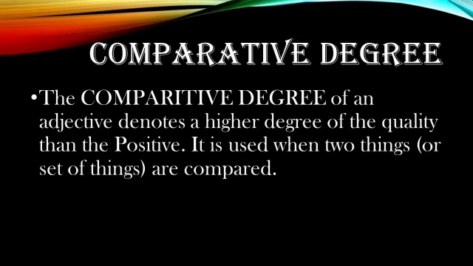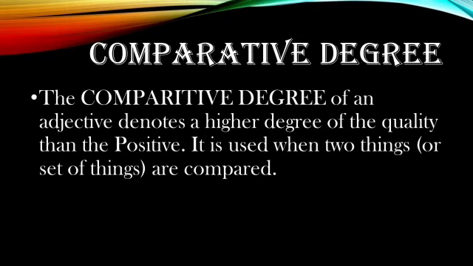We can hear one more example, like the earth is larger than the moon. In this statement which I have told you, you can see that we have two things which we are comparing. One is the earth and the other one is the moon.